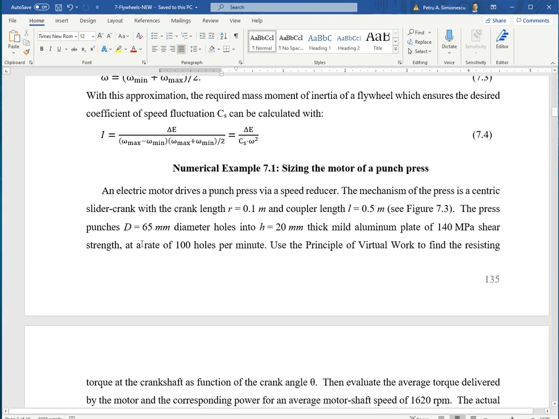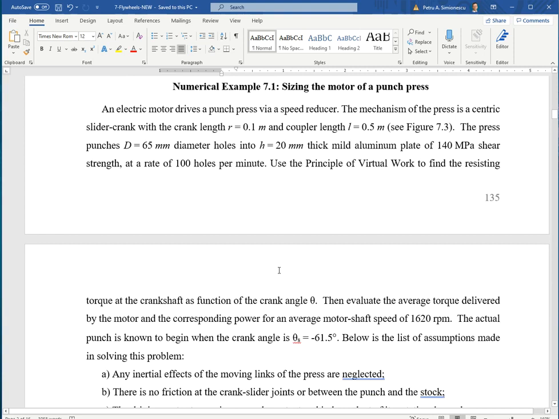We have the hole diameter, the material thickness, the ultimate shear strength of the material, and we know that it punches 100 holes per minute. Okay, so I'm saying here, use the principle of virtual work to find the resisting torque of the crankshaft as a function of crank angle.